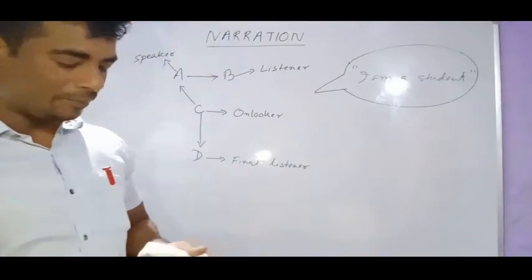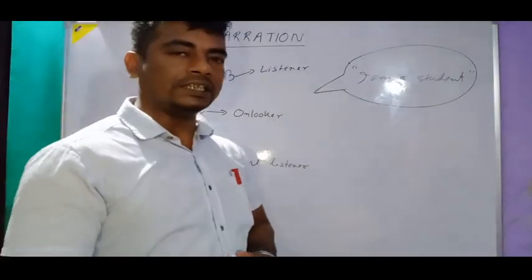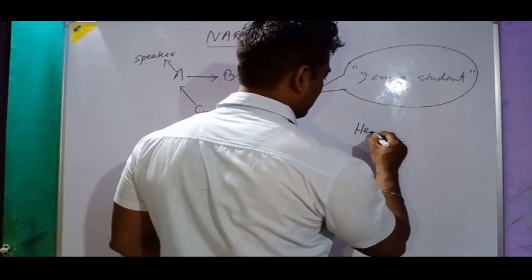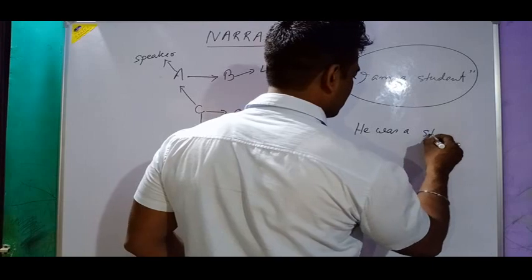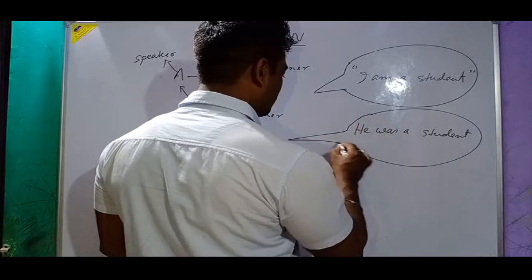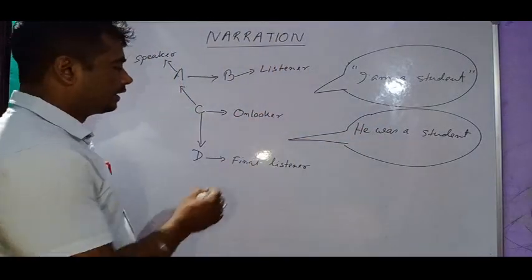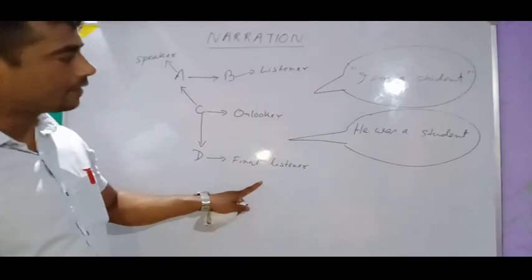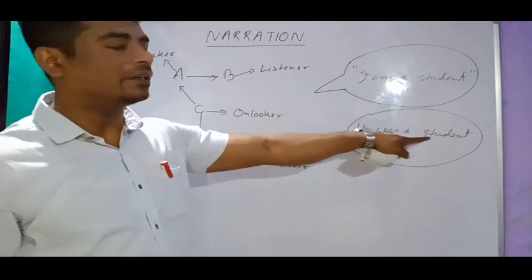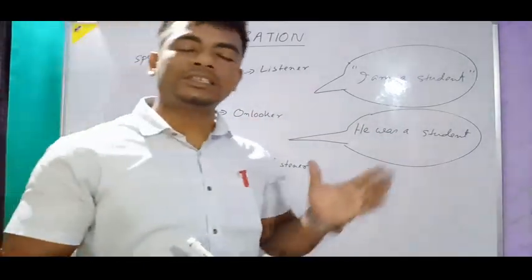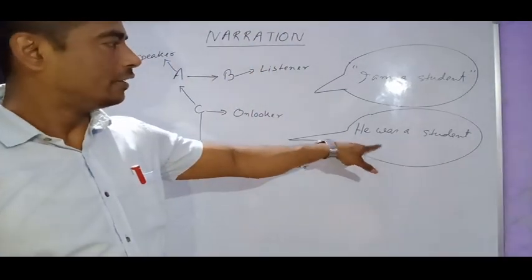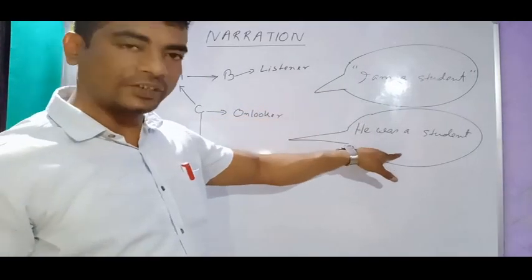So some changes have taken place here. He said that he was a student, and this was spoken by C to D. I changes to he. Am changes to was. Then a student. So changing the speech is called reported speech. It is in direct speech and in indirect speech.